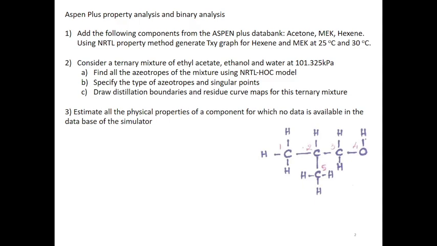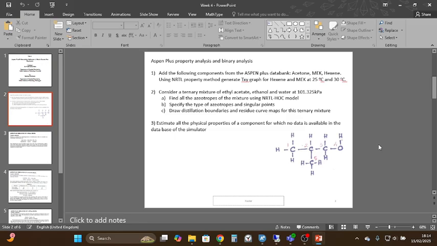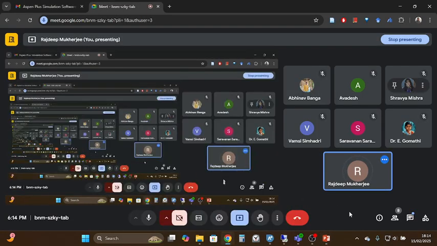Before doing this simulation, I just wanted to ask, what is the basic knowledge that you all have regarding binary analysis of components? What do you understand by binary analysis?